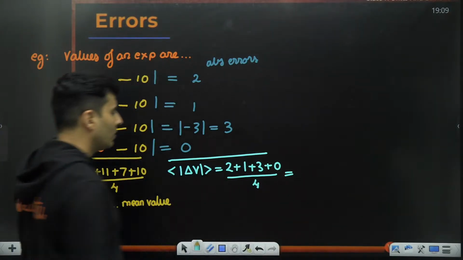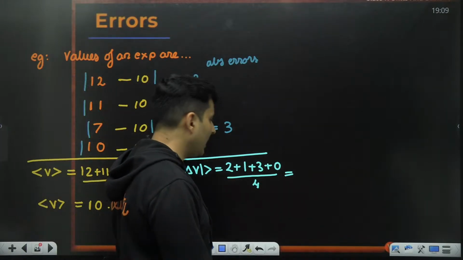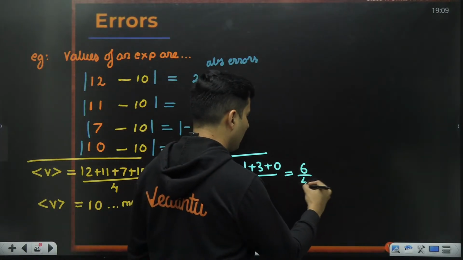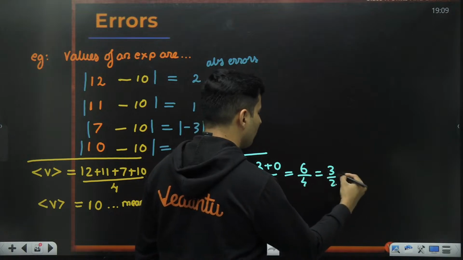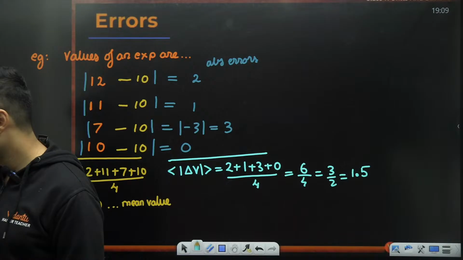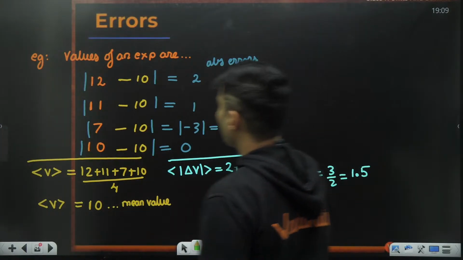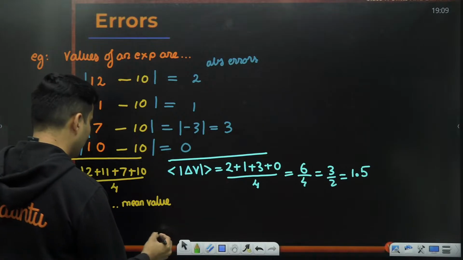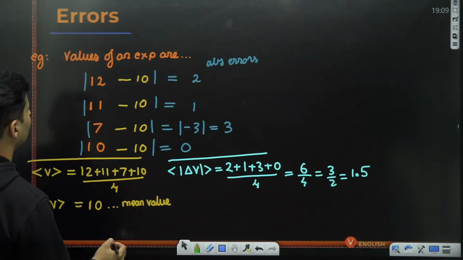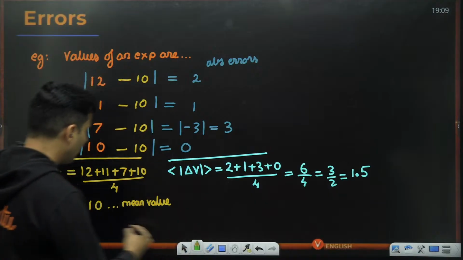What is it coming out to be? 2 plus 1, 3, 3 plus 3 is 6, 6 divided by 4, which is 3 by 2, which is 1.5, isn't it? So what will be my final answer? Important thing, guys.